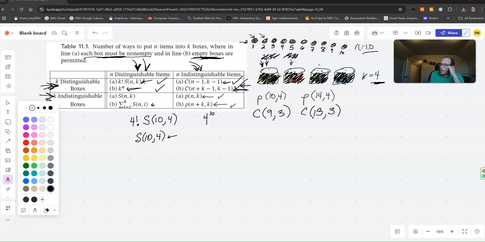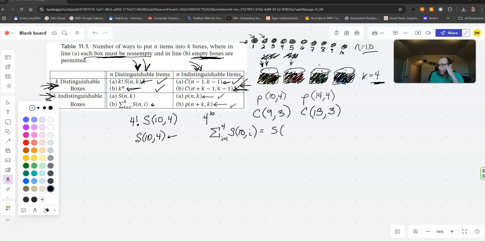And then finally, maybe the messiest way, if we were allowing empties, so maybe we have all 10 in one box, or maybe we have 5 and then 3 and then 2, well then you can just keep the format here: the sum from i equals 1 to 4 of S(10, i).